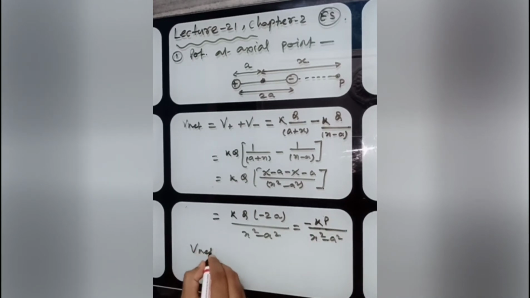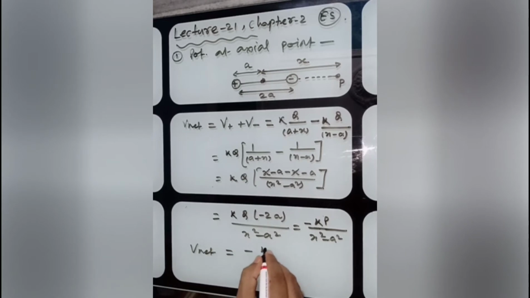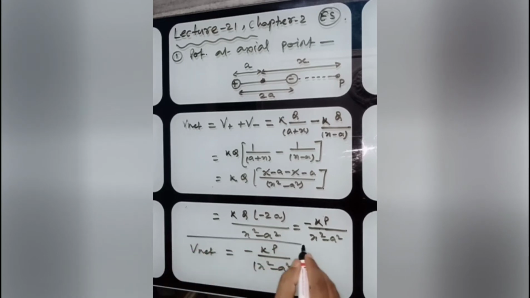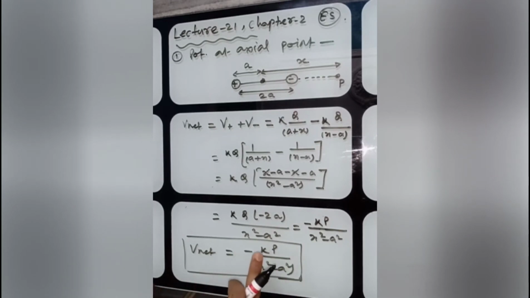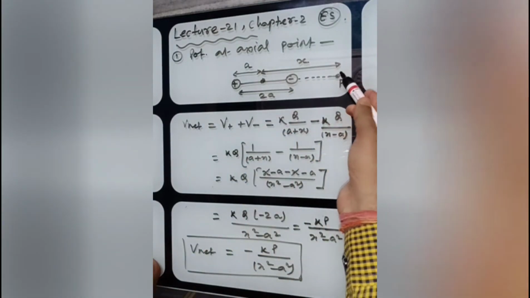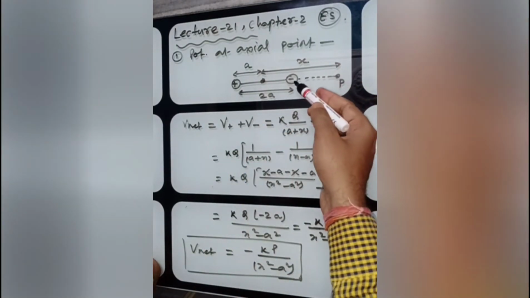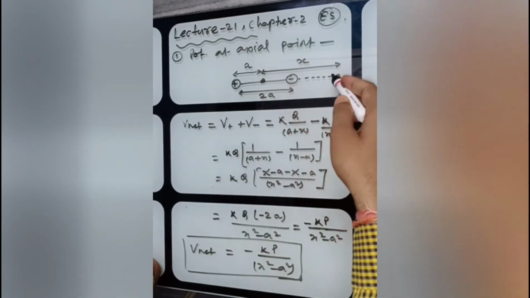This is the V net, minus kp by x square minus a square. Now, what does this negative sign signify? Very good. This negative sign signifies that the observation point is near the negative charge and the potential of the negative charge is dominating.